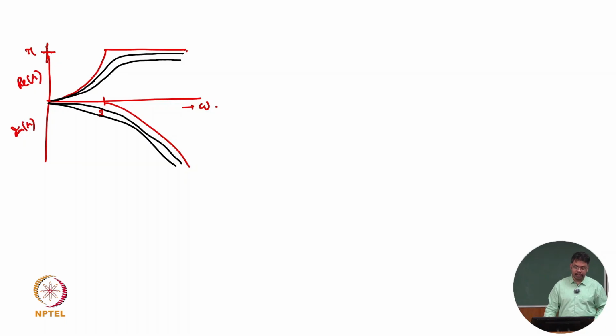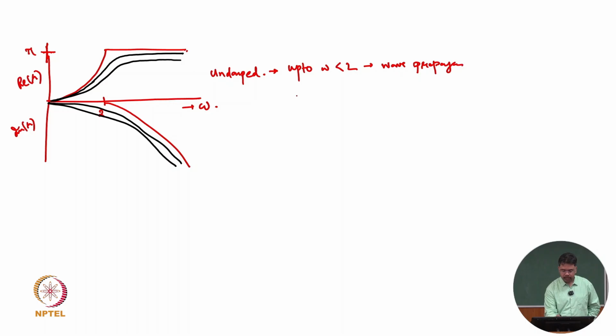There are 2-3 important points to be noticed. In case of the undamped, that is the red one, up to omega less than 2 there is wave propagation. That means the imaginary of mu is equal to 0. Imaginary of mu equal to 0 means there is no decaying term over the space, so the wave is propagating thoroughly.